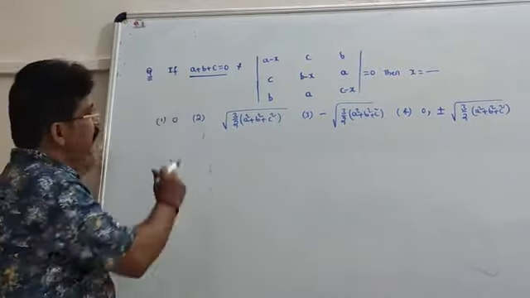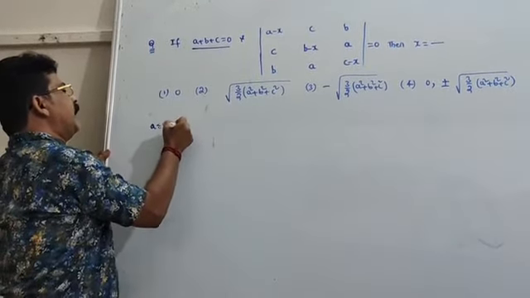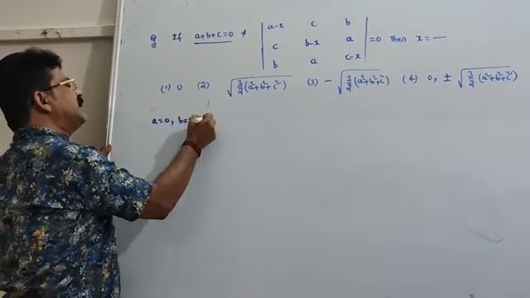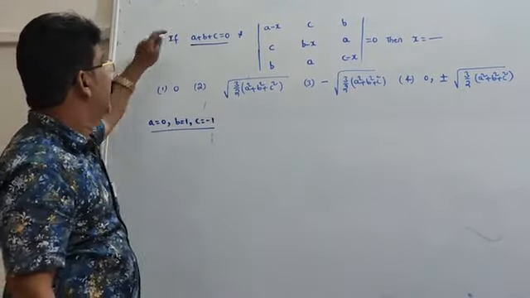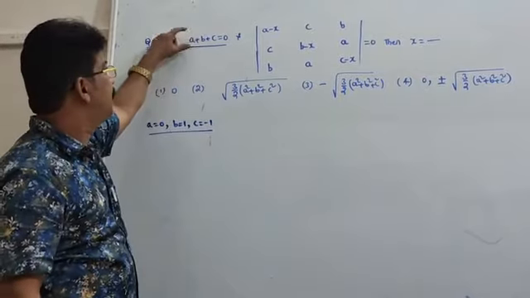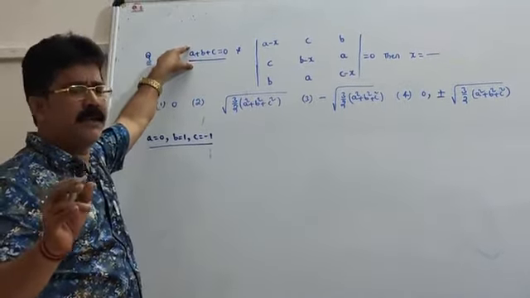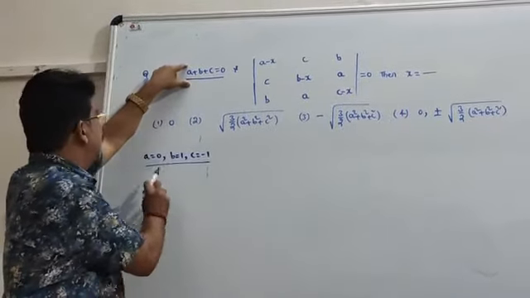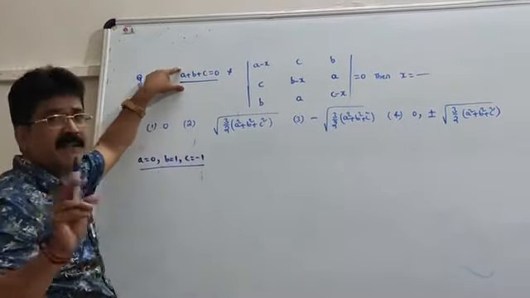If yes, then you can select like that: a equal to 0, b equal to 1, c equal to minus 1. Already I said in this topic, if a condition is given, if possible, you can select random simple values so that the given condition is satisfied.